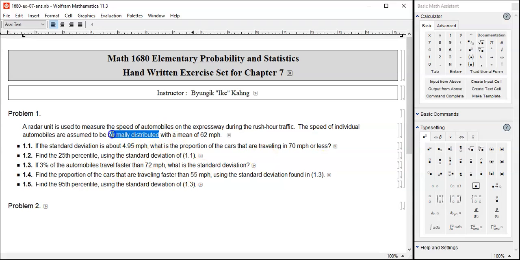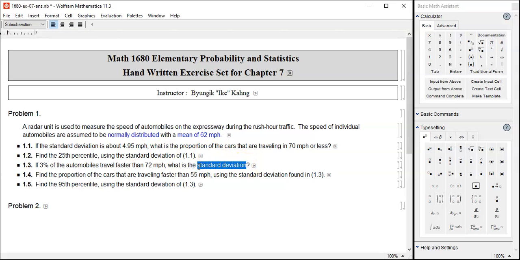They are all about a normal distribution with a mean of 62 miles per hour and a standard deviation of 4.95 miles per hour. 1.3 is a little bit different. What is the standard deviation? Which means I don't know the standard deviation anymore.